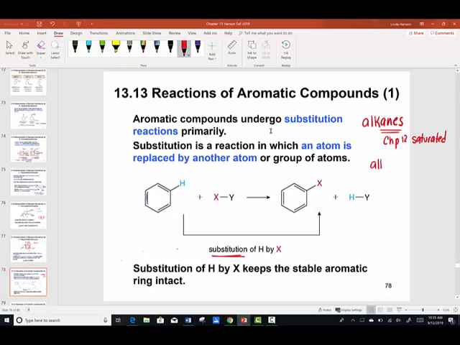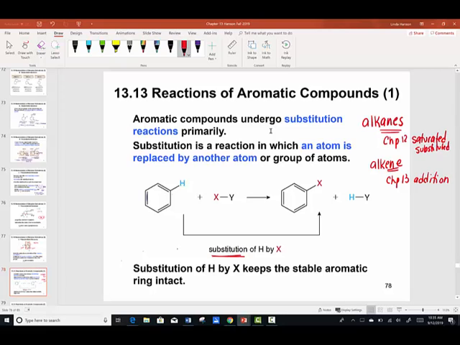Just to emphasize, we practiced in this chapter alkene reactions, which were addition reactions. So let's make sure we see the difference. These are substitution. I'm going to just add that word right to this slide.